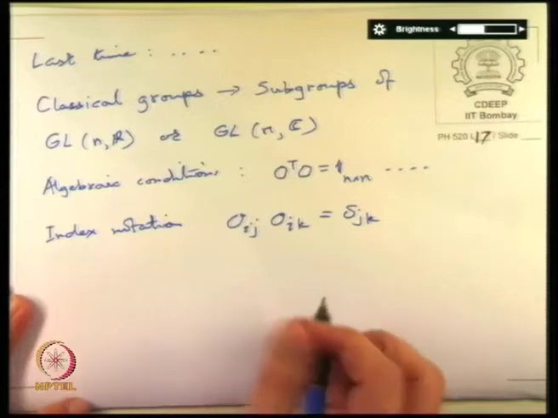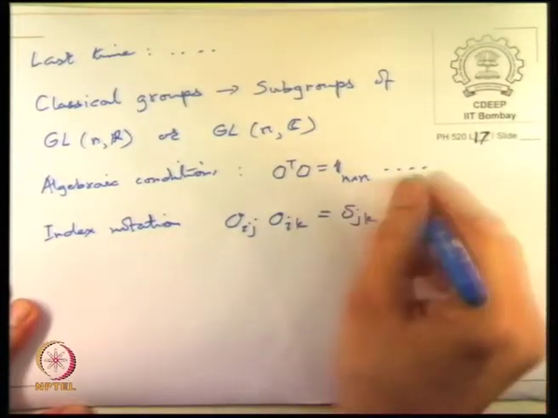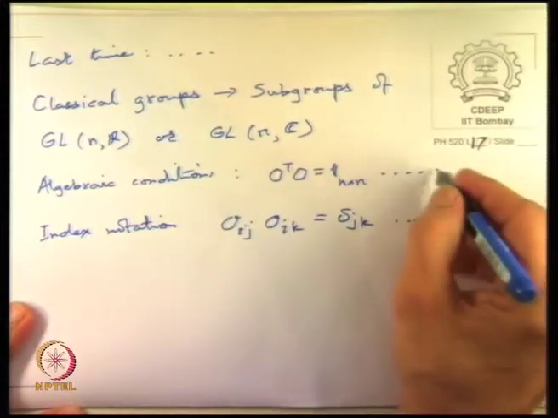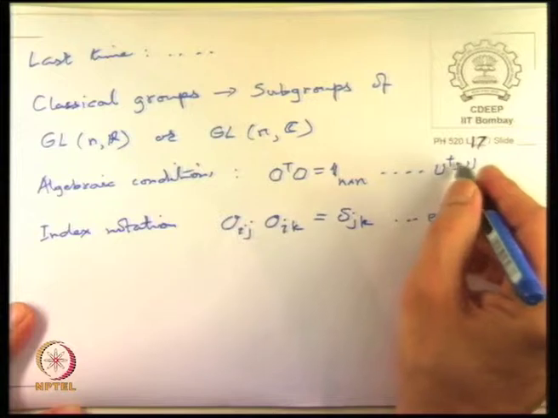Something like this, etc. Because we had the unitary groups also. So if you want, I write U dagger U equals 1.